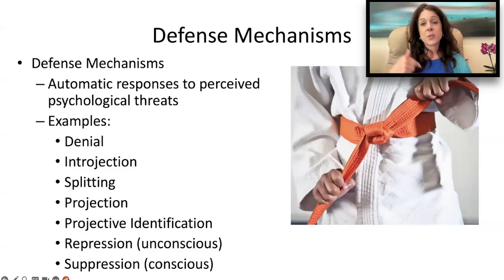And then suppression is when you consciously push something out of your mind. For example, I have a few clients right now who are very good at suppressing. They can see the huge issues in their marriage, but they just go back and suppress them and pretend like nothing's going on. So you can see these different dynamics in people and in your clients.